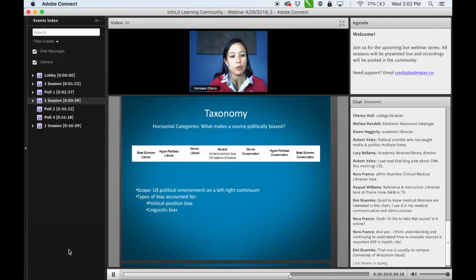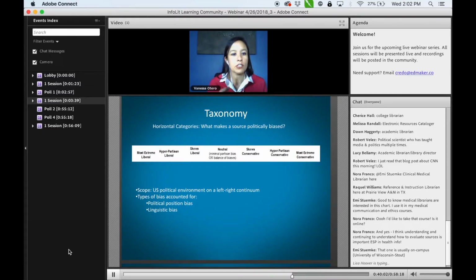So to give an example, climate change itself is not necessarily the most polarizing topic as compared to some other ones, but the position that climate change is caused by humans and is dangerous and creating bad consequences just in this country is a skews liberal to neutral political position.